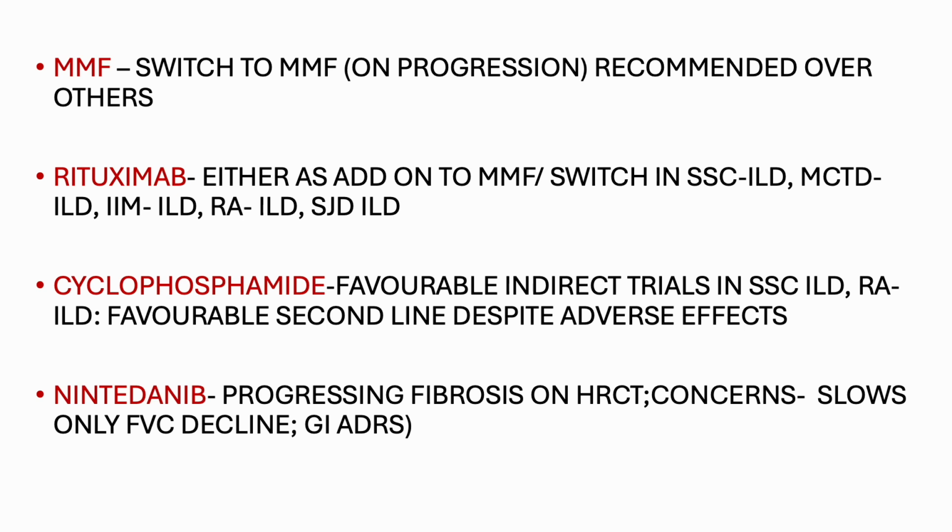In case of nintedanib, we usually add it rather than switch to it, only in progressing fibrosis on CT scan. But the concern here is it will only slow the FVC decline. So immunomodulatory therapy must continue, and there are GI side effects that have to be taken into consideration.